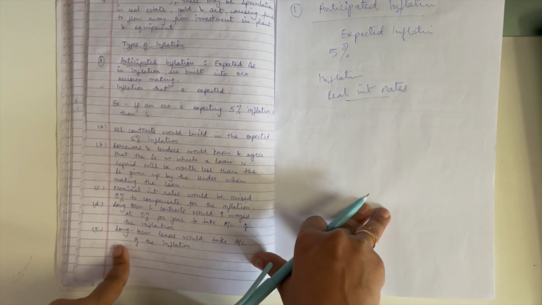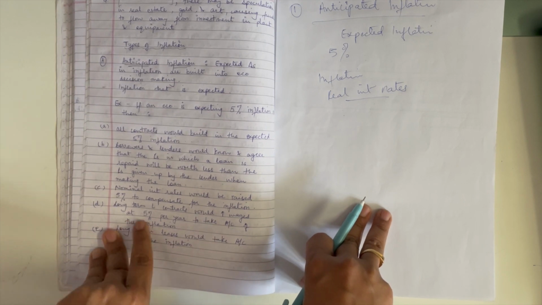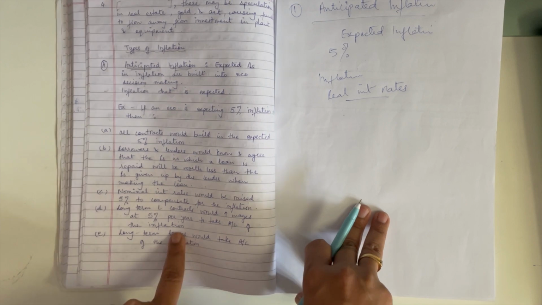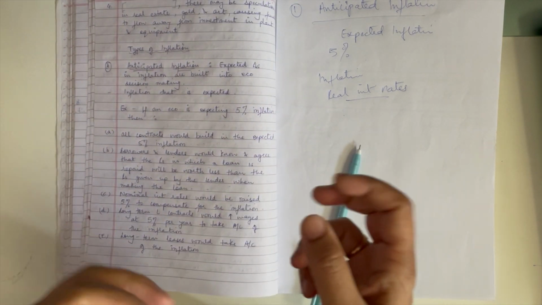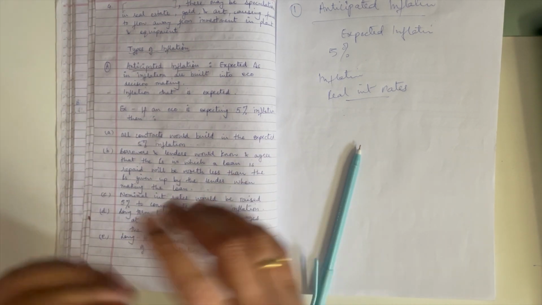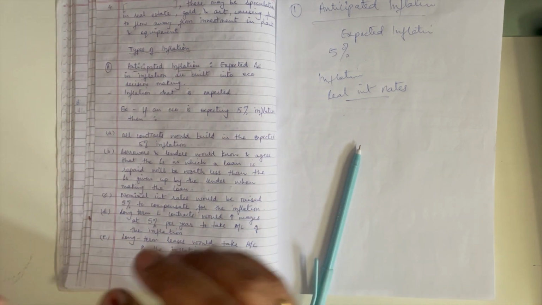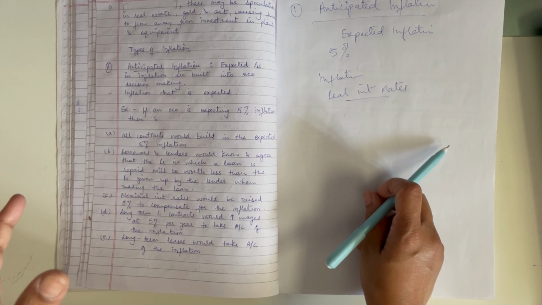All right. Then the long-term labor contracts would increase wages at 5% per year to take account of the inflation. So any kind of contracts, be it long-term labor contracts, long-term lease contracts, or any contract between a debtor and a lender, everyone would know that there would be a 5% increase in inflation, right?